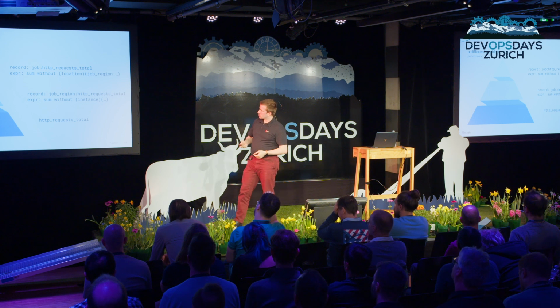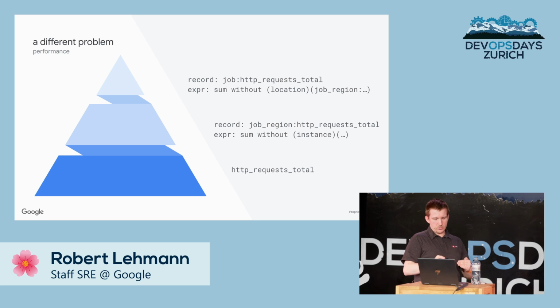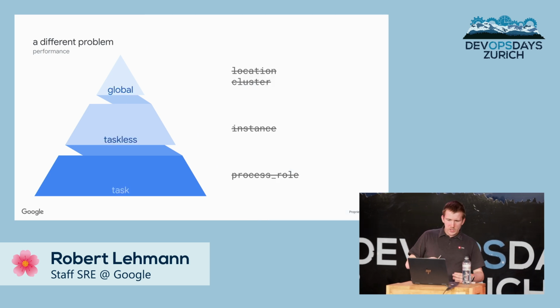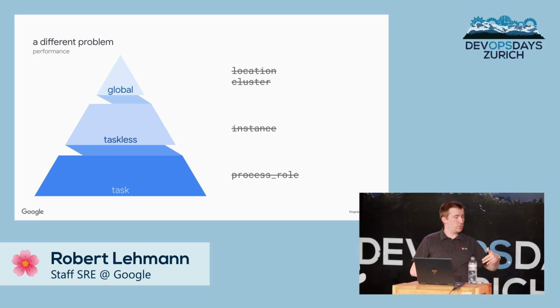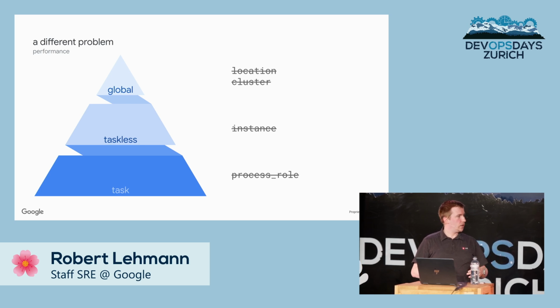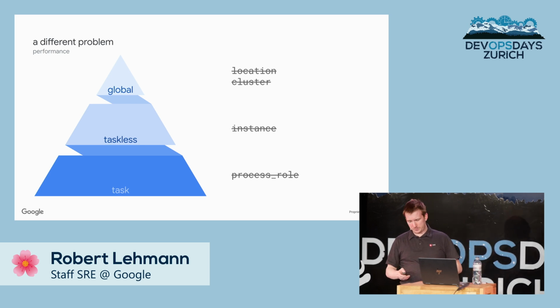And in Prometheus, for example, you would do this by just having those recording rules to say, okay, please aggregate away all labels or this label or whatever, and then have these different layers. In our setup, we often use like a global view, a taskless or a podless view, basically, and a taskful view, which is the very base layer of information.